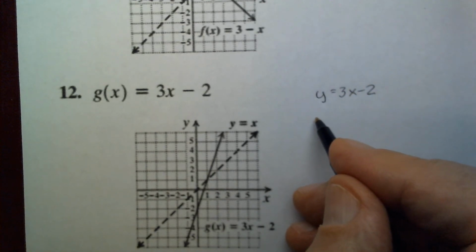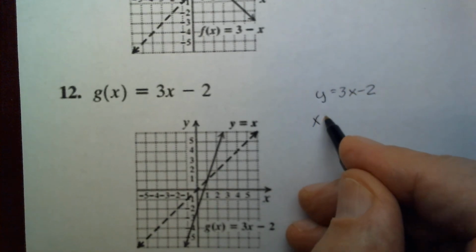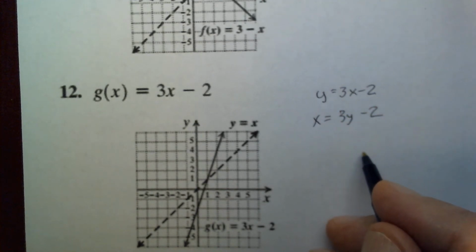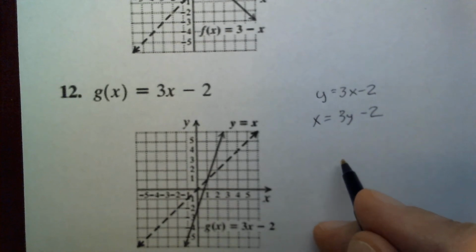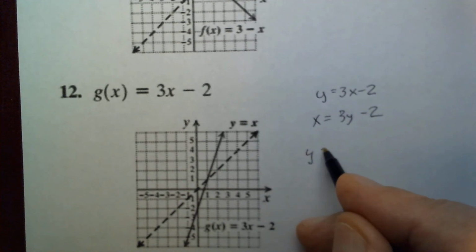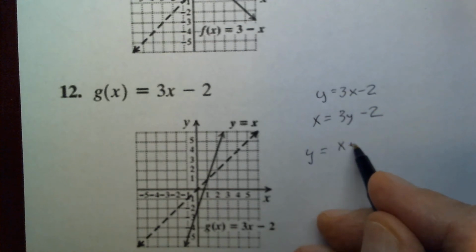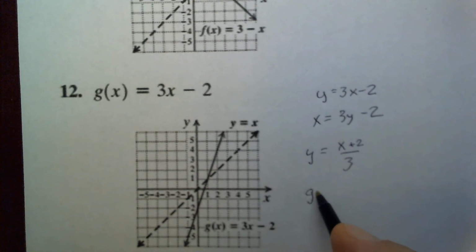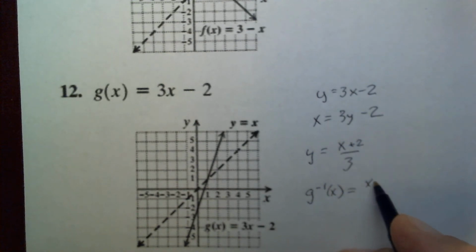Now we exchange x and y. So x equals 3y minus 2. And when we solve this equation for y, then y equals x plus 2 divided by 3. In other words, g inverse of x equals x plus 2 divided by 3.